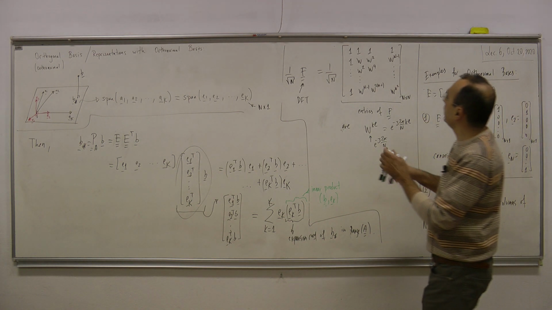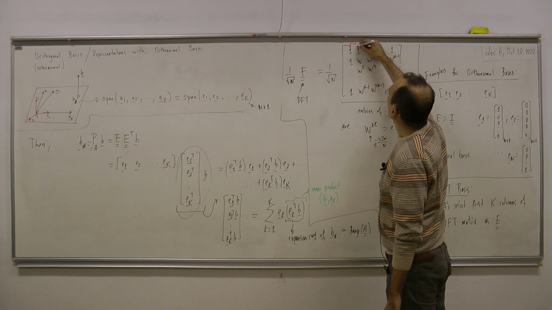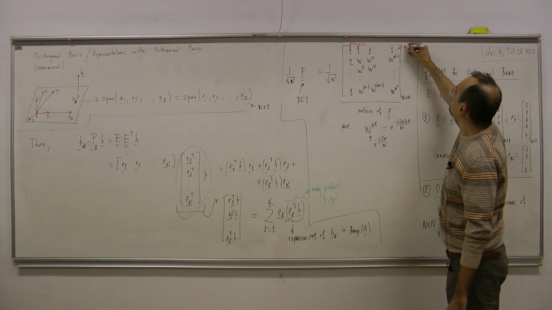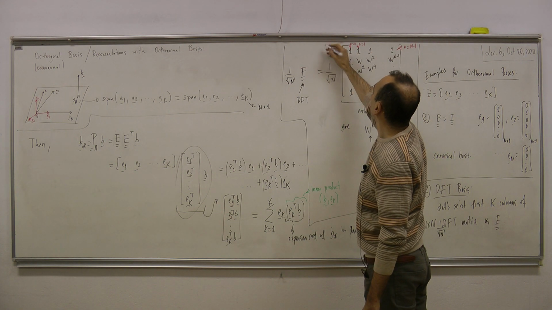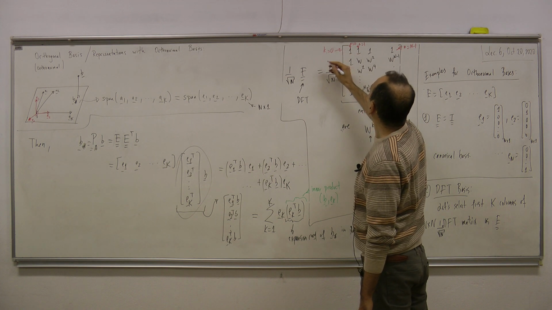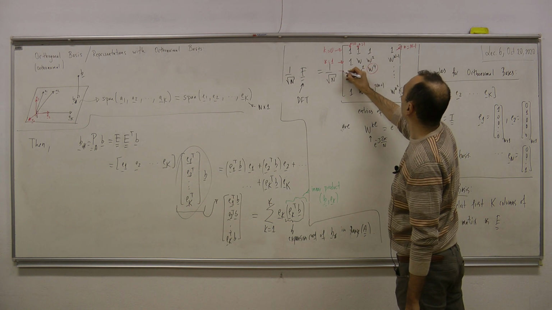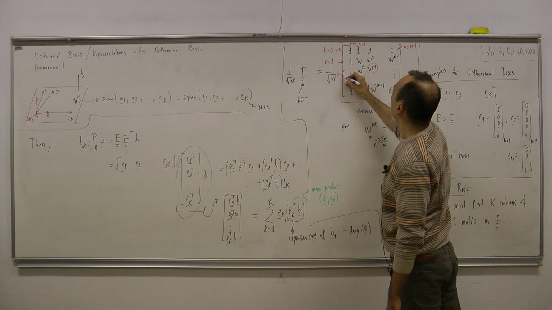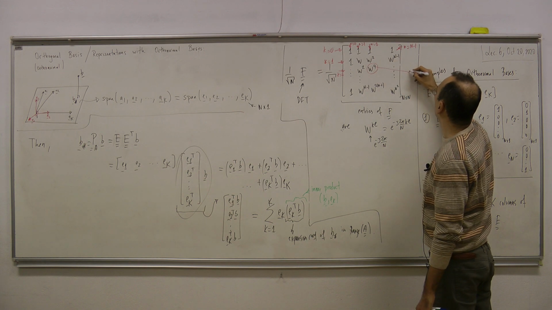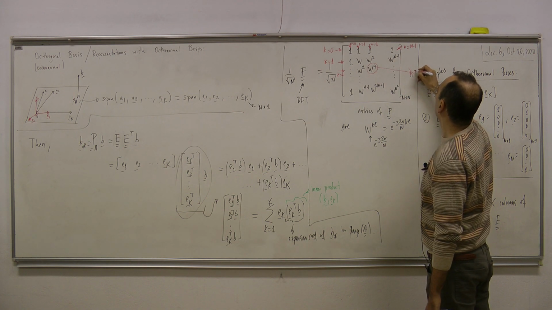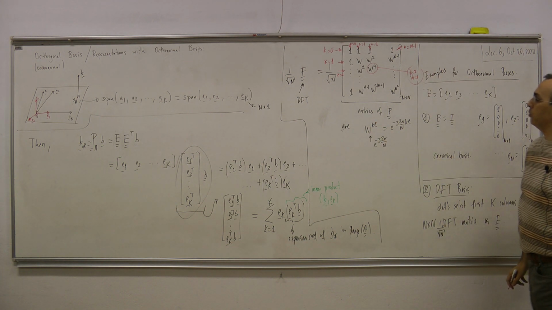Specifically for this matrix, you may consider this column n is equal to 0, this is n is equal to 1, this is n is equal to n minus 1. For this entry, k is equal to 0, k is equal to 1, and so on. For example, this is the k is equal to 2 row and n is equal to 2 column, which is the reason that I have 2 times 2 for w to the power 4.